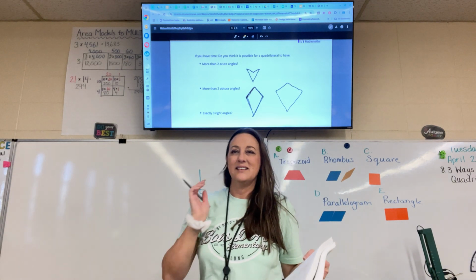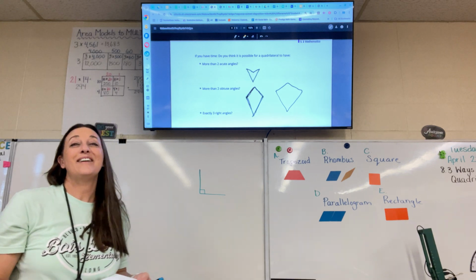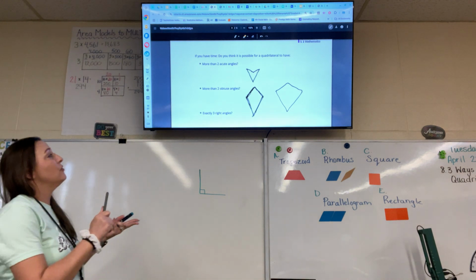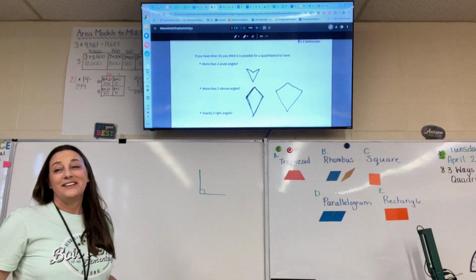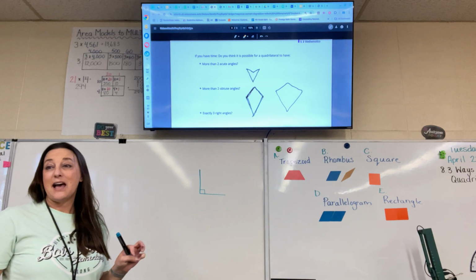I was thinking the same thing. It was because with a triangle you can't have more than one right angle or obtuse angle. So now what about exactly 3 right angles? Is that possible?